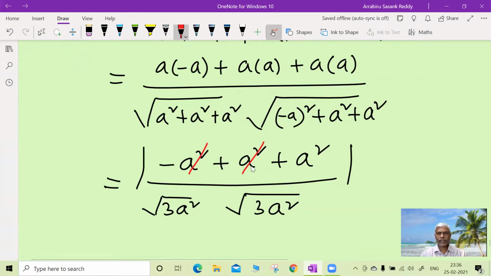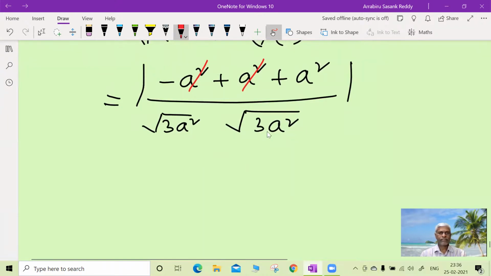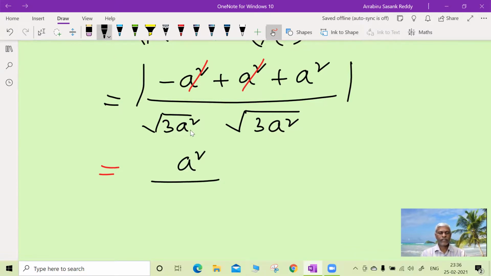This 2 will get cancelled. a square by root 3a square into root 3a square, the roots get cancelled, a square also gets cancelled.